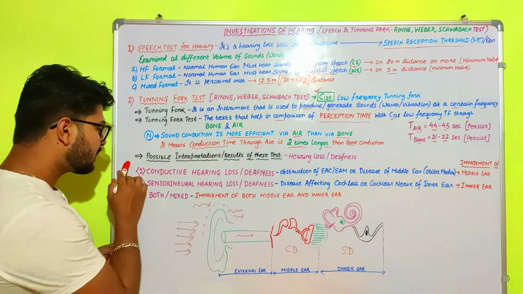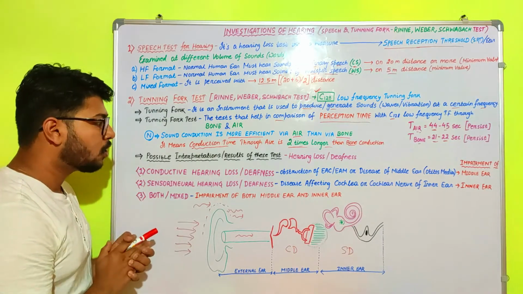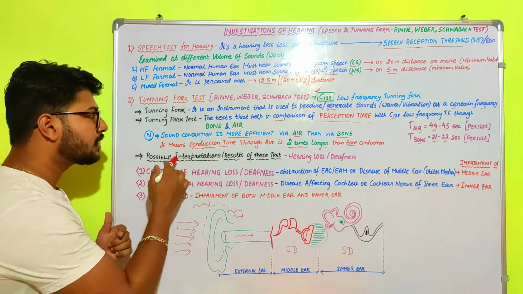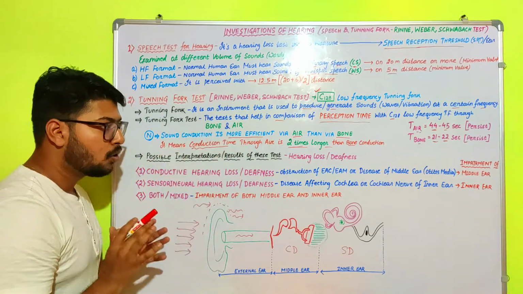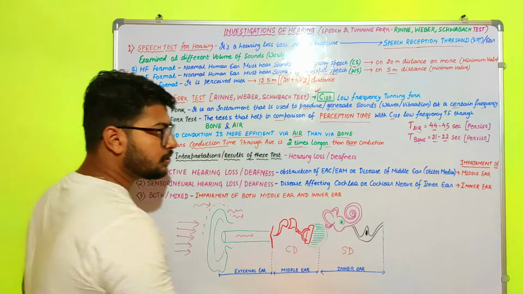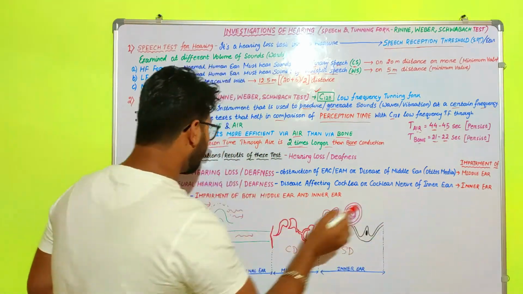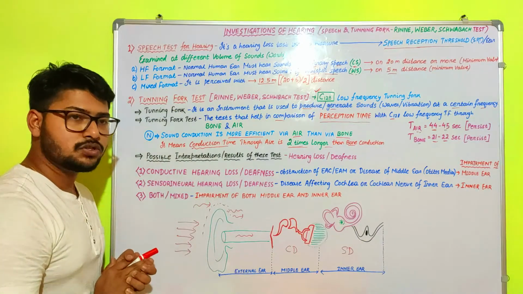So this information should be kept in your mind, because through this information only we are going to analyze the results of each test. So the relation between the middle ear and conductive deafness, and the inner ear and sensorineural deafness, should be remembered.